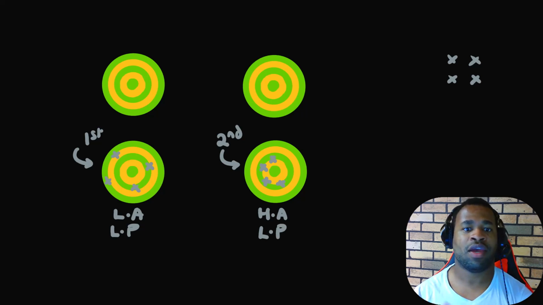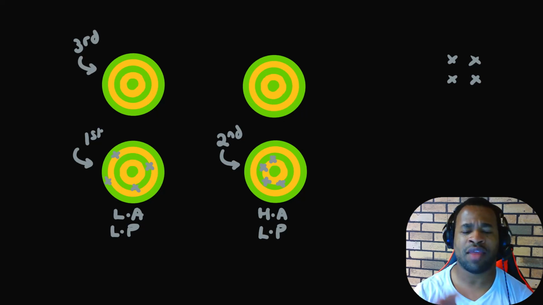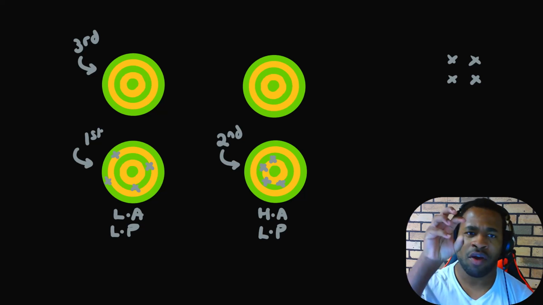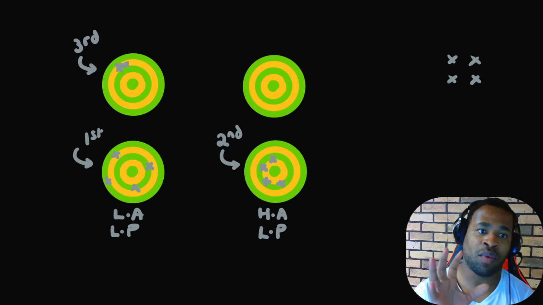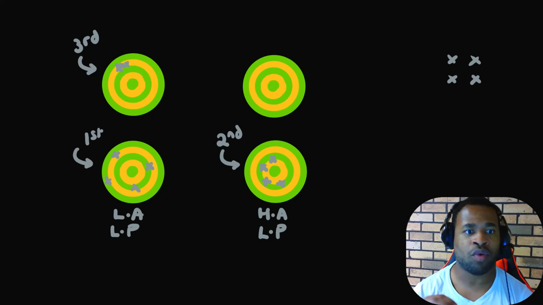This leads us to the third of the four scenarios, where now instead of having the arrows spread around a region, we have all four clumped in a specific location. This is far away from our target goal, and it shows that we have a high precision but a low accuracy.